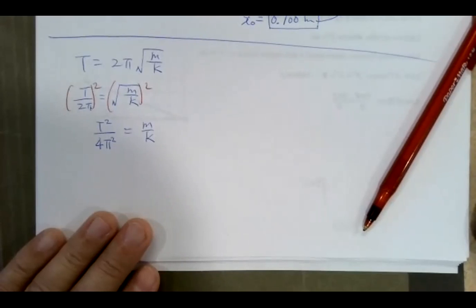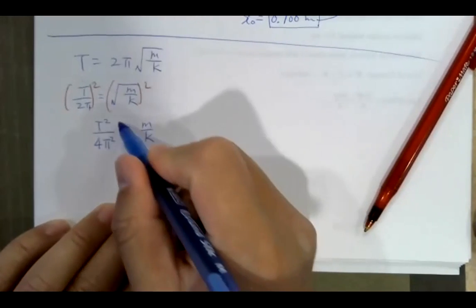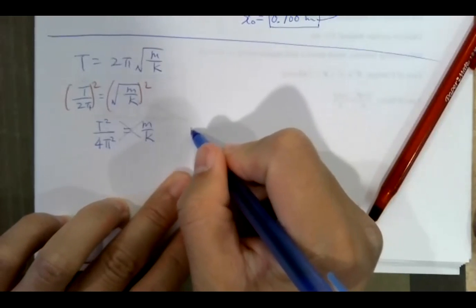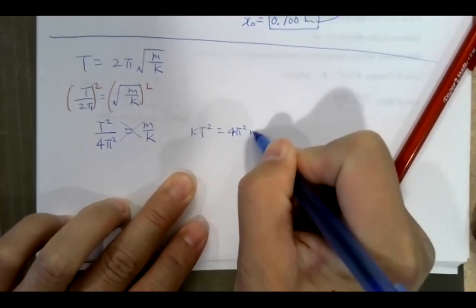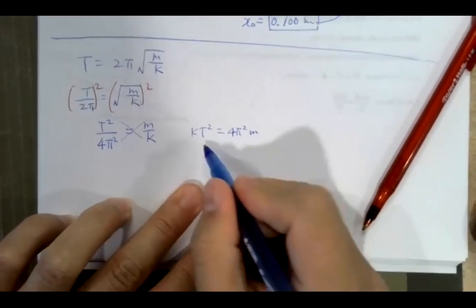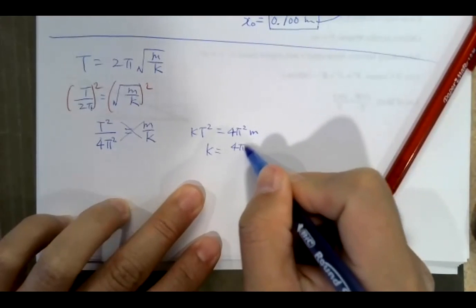right? Now you're looking for K. You can do cross multiplication if you want. So then you get K T squared equals 4 pi squared times M. So then K will be equal to, divide both sides by T squared, okay?